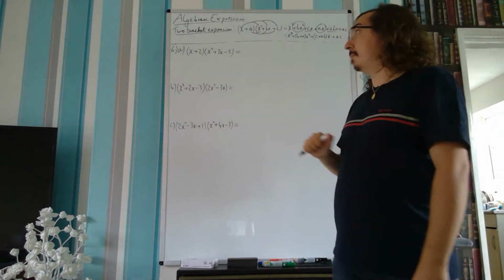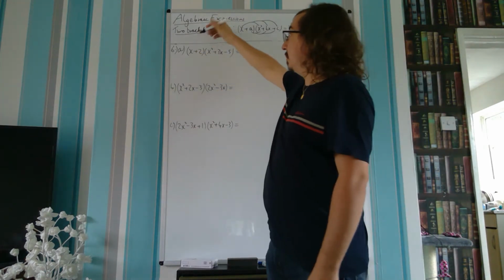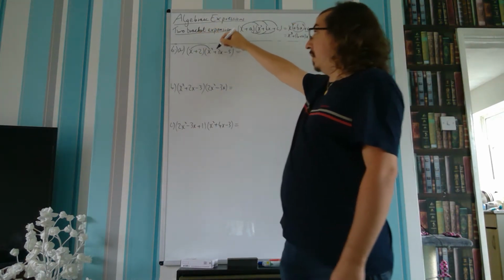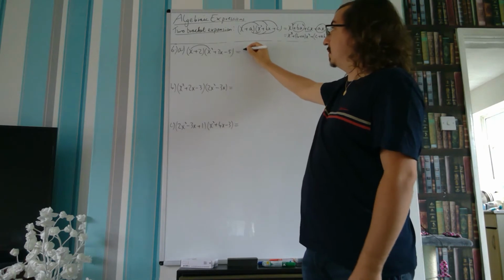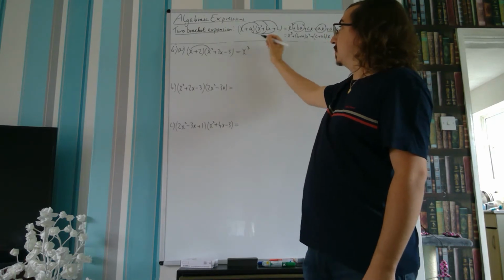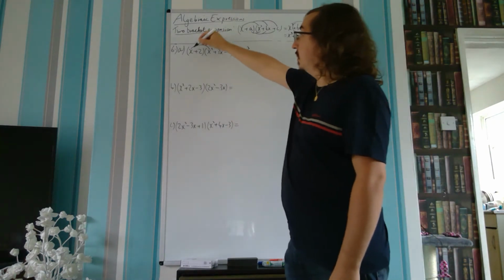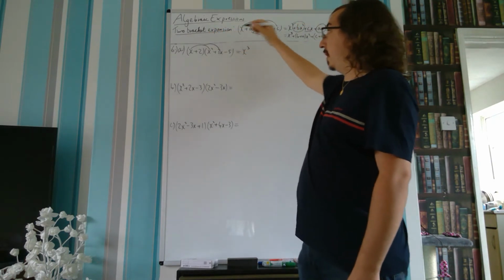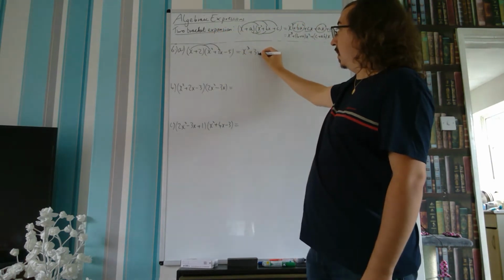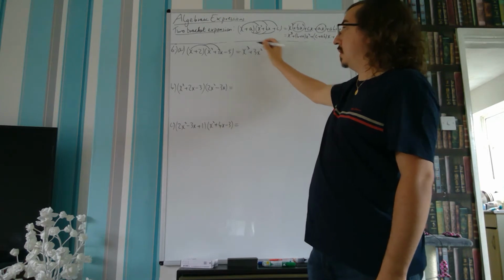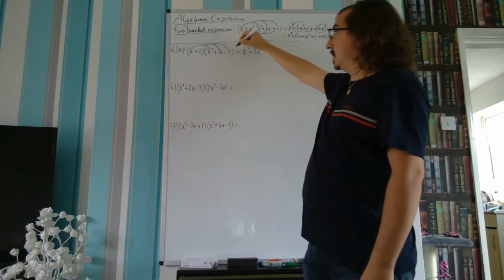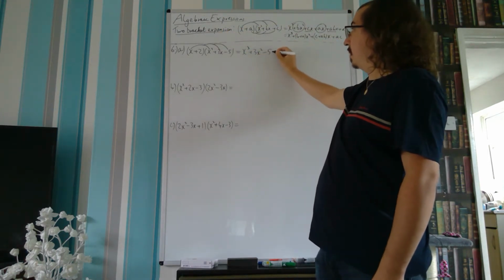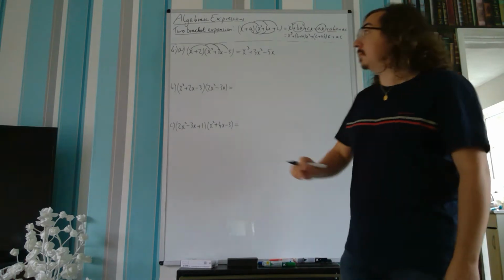So, 6a then. If we take our first term, which is x, multiply it by the first term of the second bracket, which is x squared, gets us x cubed. The x, then multiplying the 3x, is plus 3x squared. The x times the minus 5, minus 5x.